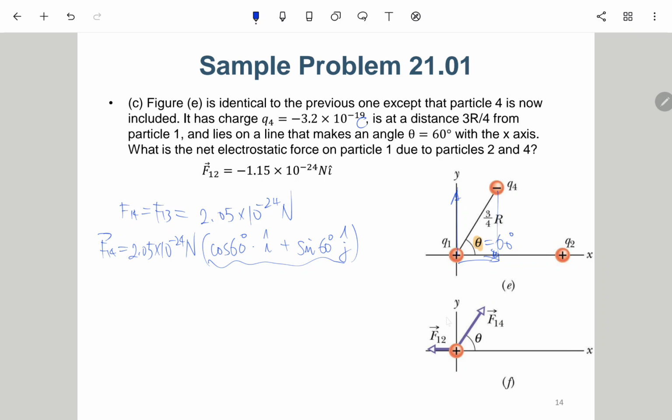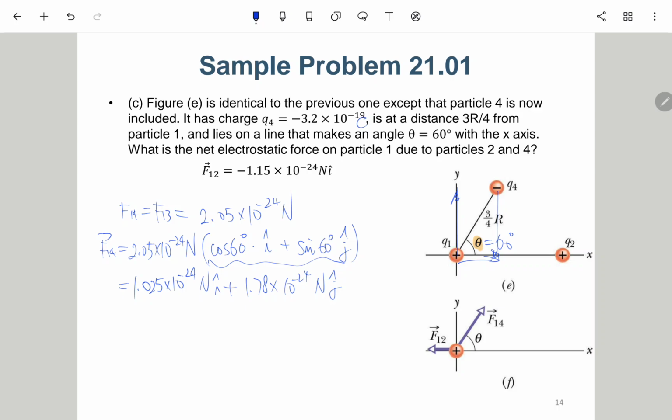So it will be something like 1.025 times 10 to the negative 24 Newton i hat plus 1.78 times 10 to the negative 24 Newton j hat. Okay, so this is the F14.